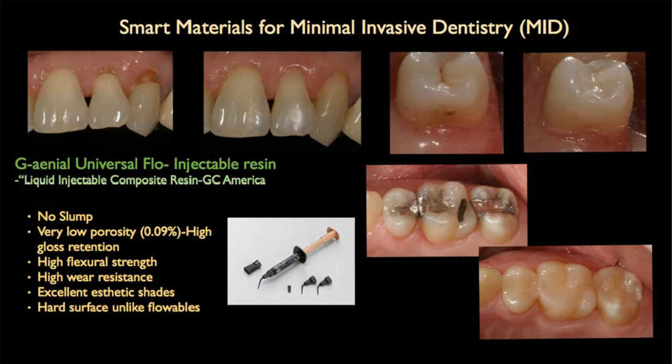The nice thing about it is that in comparison to conventional flowables, this material is very highly viscous, so it doesn't slump. There is very little porosity, and there's a tremendous high gloss retention. The flexural strength is very, very good. Wear resistance, I've been mapping out and seeing clinically how my patients are, and I've seen that it really almost self-polishes itself.